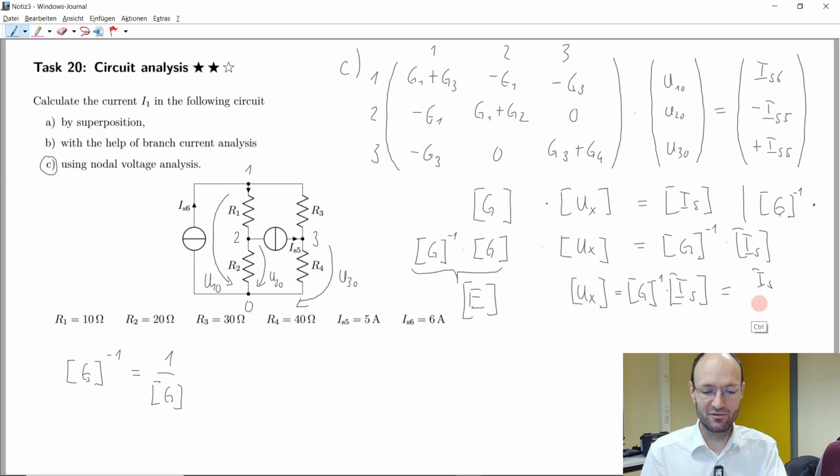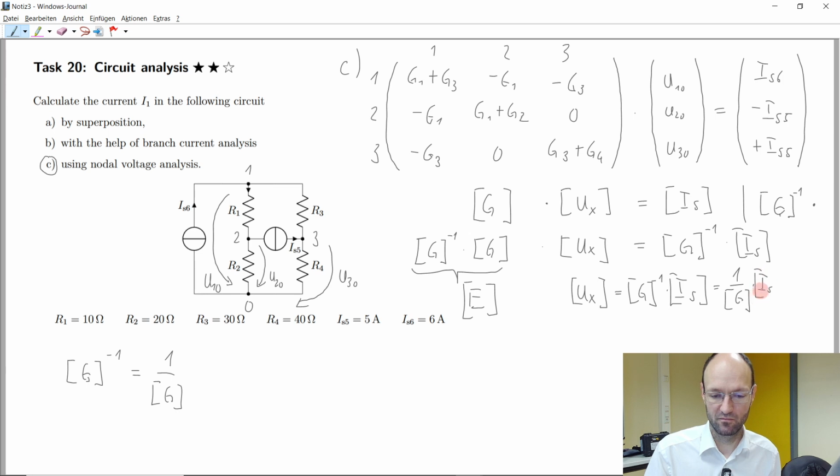Now, let's do some step in between, right? So instead of this, I could also write it like this. So I could write 1 over G multiplied with the source vector. And this would be perfectly fine. I know, okay, this is the inverse of this matrix multiplied with the source vector.